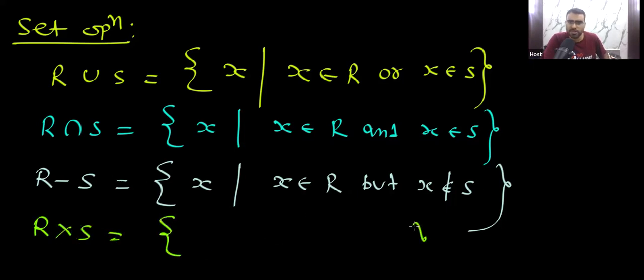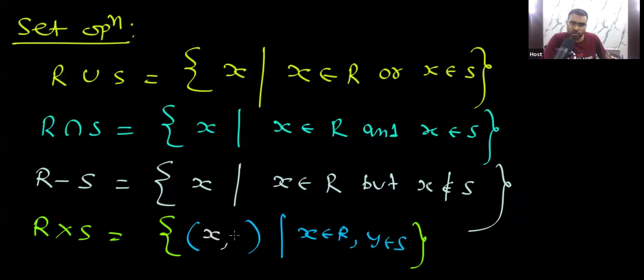And what is cross product? Cross product means you combine every element of R with every element of S. If this is an element of R and this is an element of S, then you combine this element of R with the element of S. Is this clear? So these are the definitions of set operations.